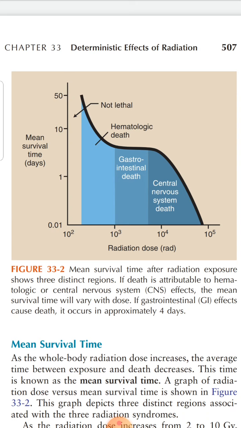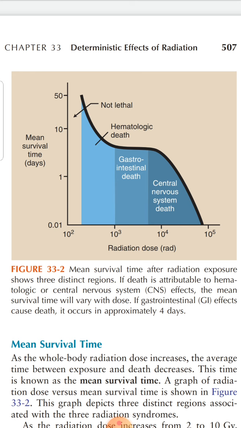As the radiation dose increases from 200 to 1000 rad, or 2 to 10 Gy, the mean survival time decreases from approximately 60 to 4 days, and this region is consistent with death resulting from the hematological syndrome.